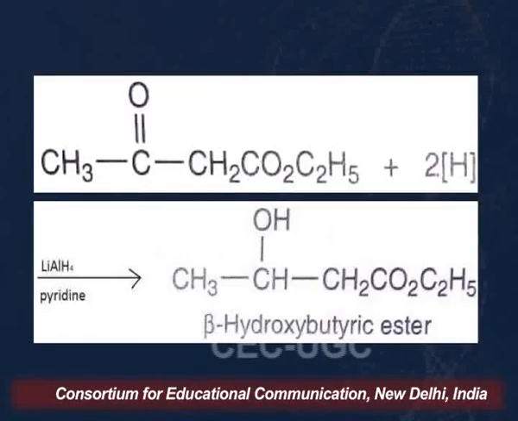So as you can see on your screens, when the reduction reaction is carried out with lithium aluminium hydride in pyridine, or we can also use sodium borohydride, only the ketonic carbonyl group is reduced and we get beta hydroxybutyric ester.